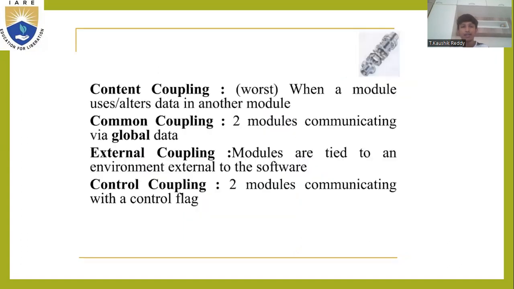Content coupling is the worst: when a module uses or alters data in another module. Next, common coupling: two modules communicating via global data. External coupling: modules are tied to an environment external to the software. Control coupling: two modules communicating with a control flag.